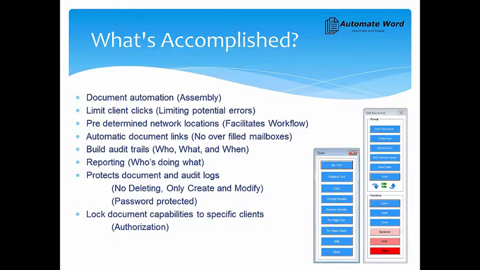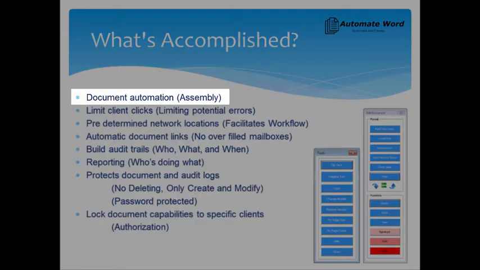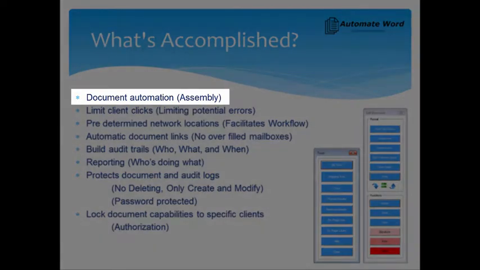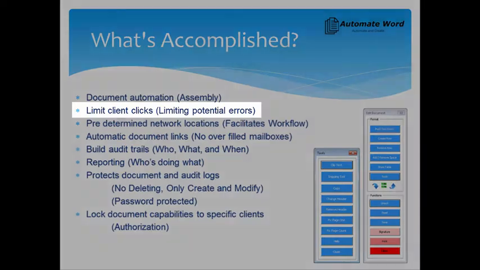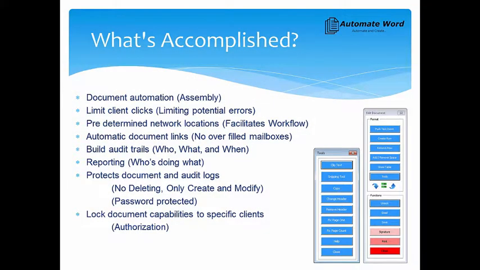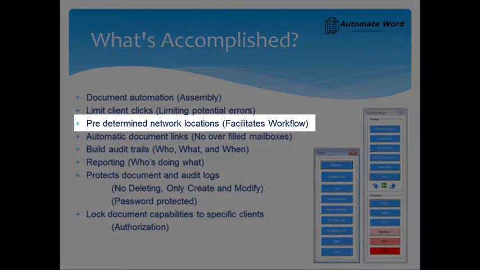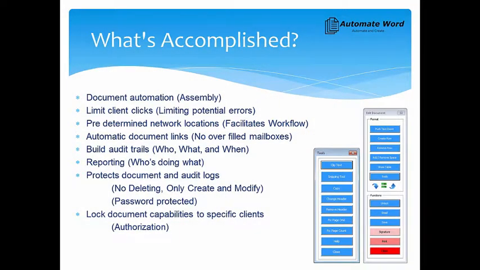So before we get back into the actual working demo, let's go over some of the accomplishments of this application. Document automation, the assembly of creating many documents per our business needs. Limit client clicks, which is limiting potential errors. Predetermined network locations, this facilitates the workflow.